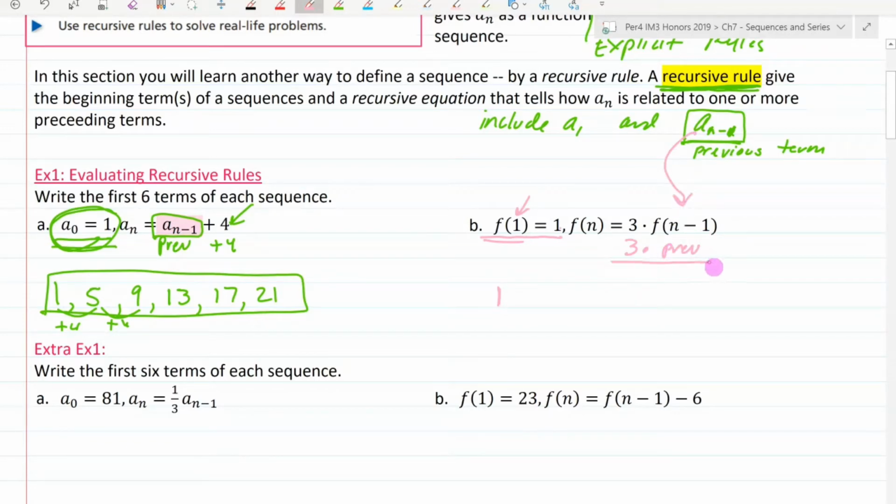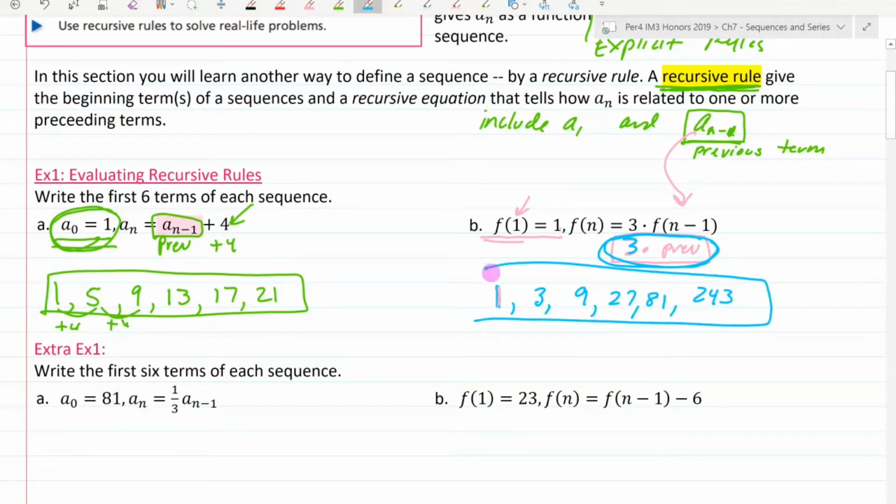So it's 3 times the previous term. I know where I'm starting, and I know what's happening to my sequence, which is I'm just multiplying 3 times the term in front of it. So you multiply this by 3, then that one by 3, by 3, by 3, and then by 3. Those are your first 6 terms.